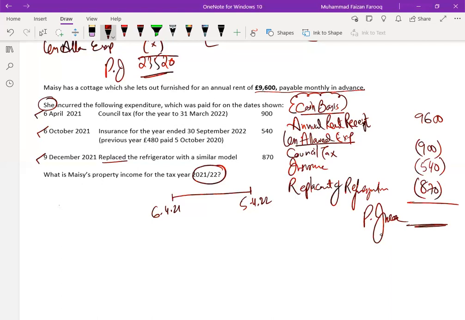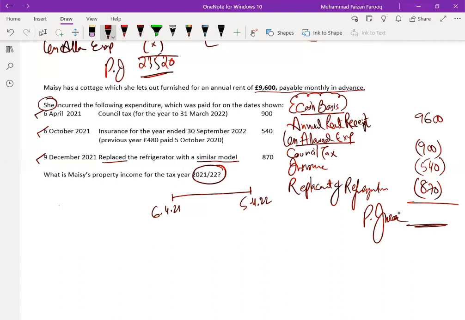Sorry, any questions, please? But isn't this an improvement because he replaced it with another refrigerator? See, I told you earlier, improvement means new model, higher technology. If the old one is replaced with the same model, it is not an improvement.